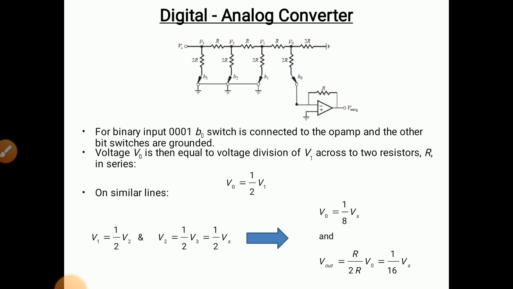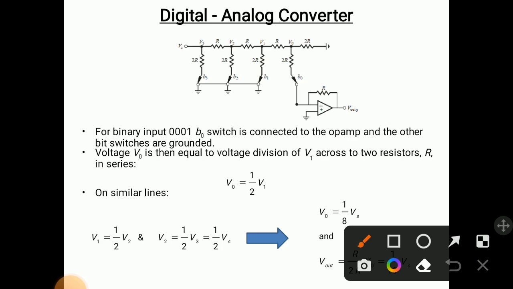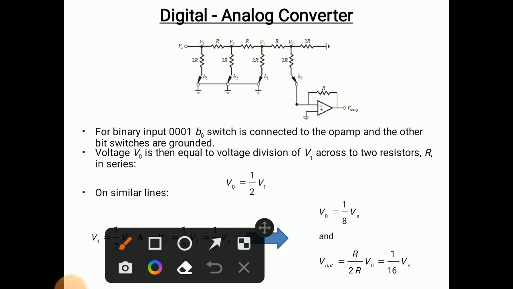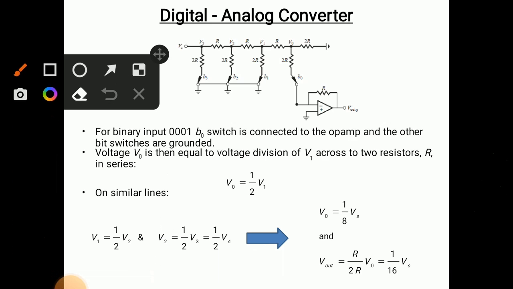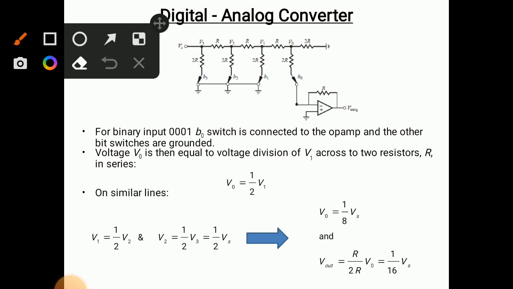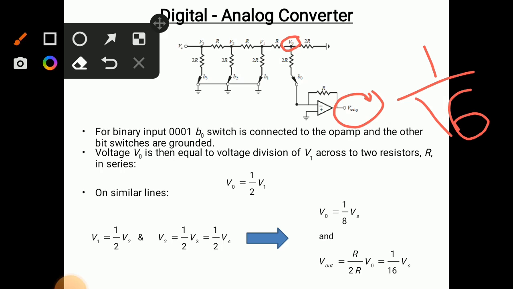If you put the value of V0 as 1 by 8 Vs, you will get the answer as 1 by 16 Vs. So from this you understand that when B0 is 1, you will get output as 1 by 16 Vs. Like this you remember.